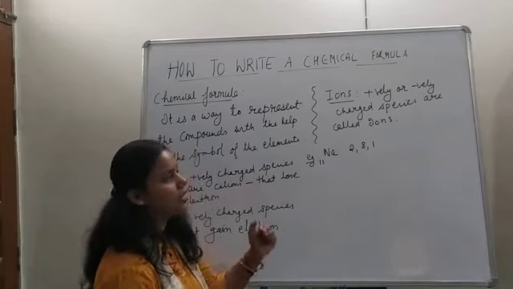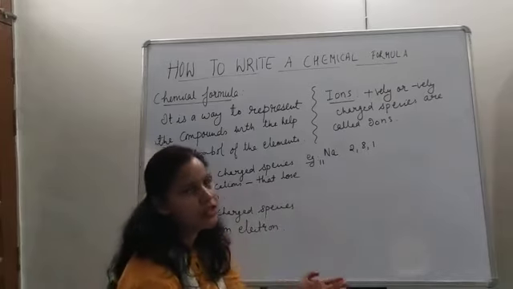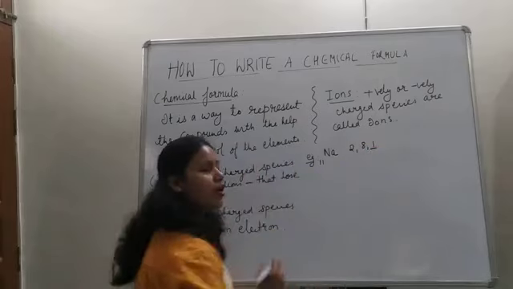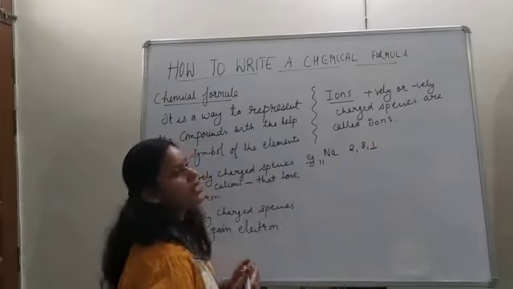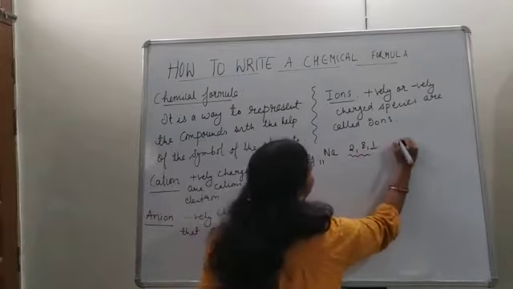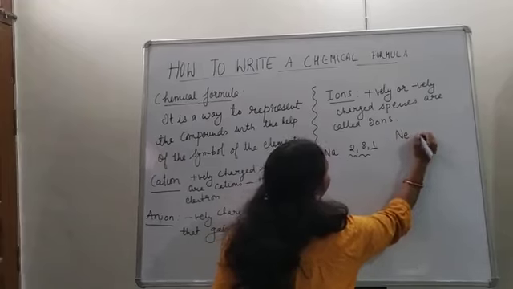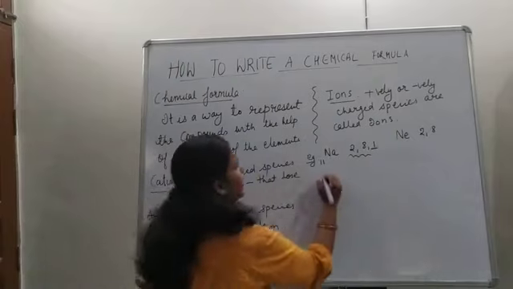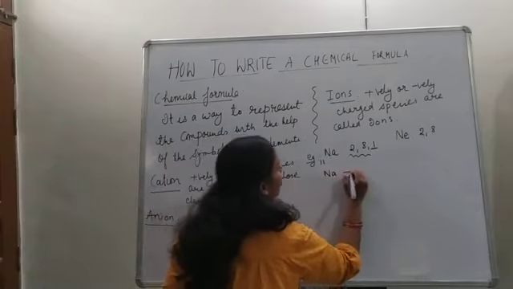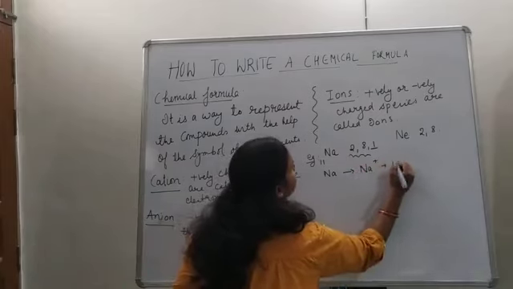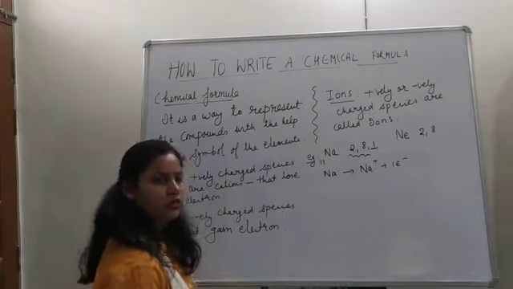In order to attain the nearest noble gas configuration. And sodium has one electron in its outer shell which it can lose in order to acquire the nearest noble gas configuration of neon, that is 2, 8. That is why sodium on losing one electron acquires one positive charge.